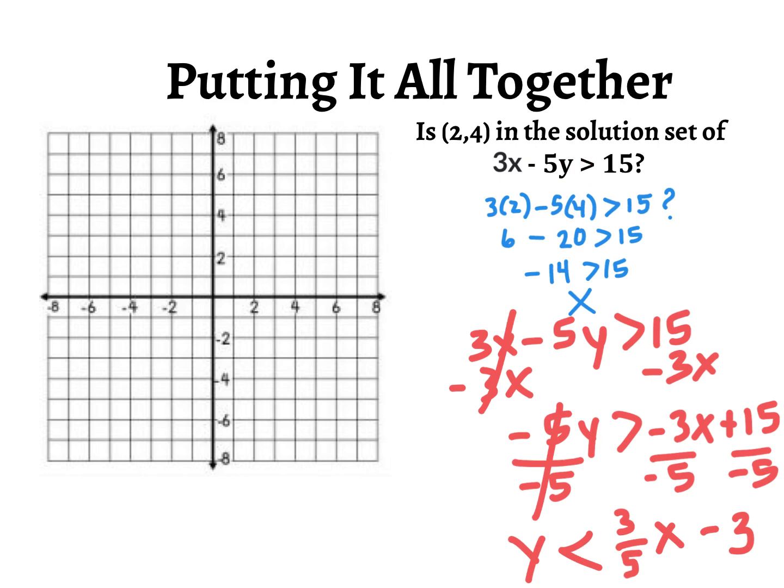So let's graph it. We have negative 3 as our y-intercept. That's down here. The slope is 3 over 5, so I'm going to go up 3. 1, 2, 3 over 5. 1, 2, 3, 4, 5. And I'm going to connect these 2 points with a dotted line because there's no less than or equal to, it's just less than.